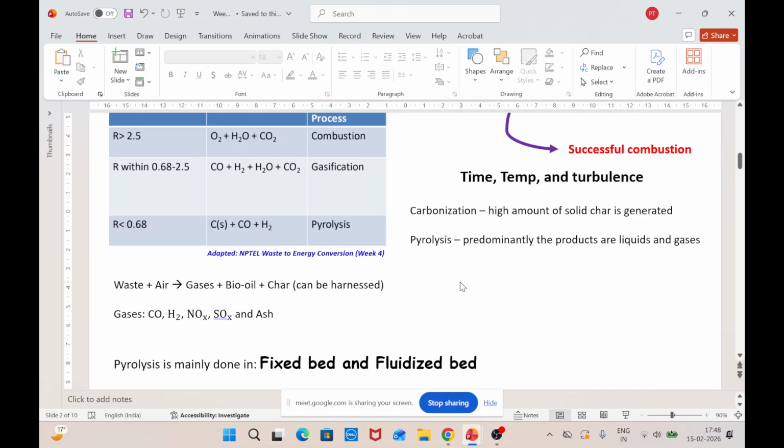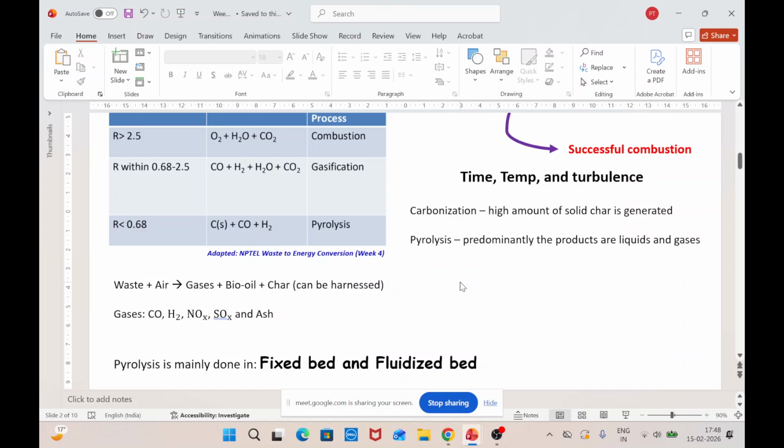We are going to do densification of solids, or you can say densification of the biomass waste. When I say densification of the biomass waste, you can get an idea as soon as the word densification comes: you try to increase the density of the biomass waste.